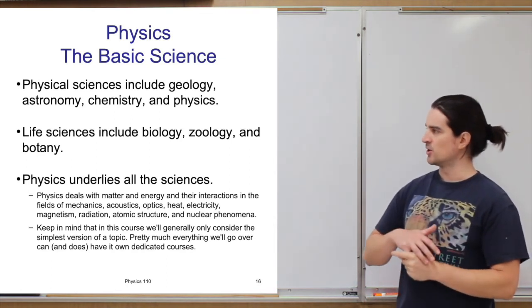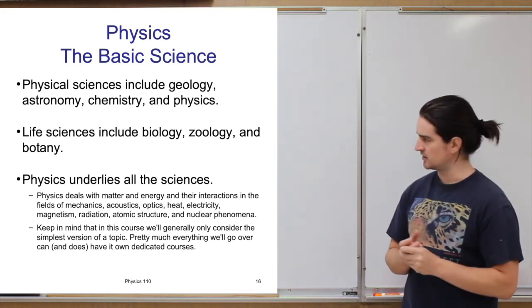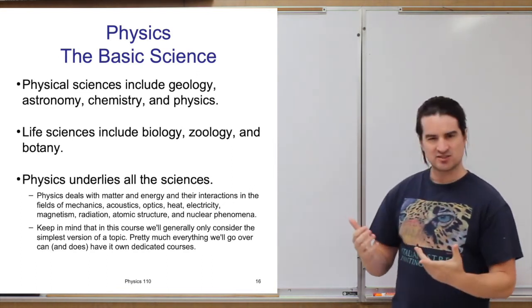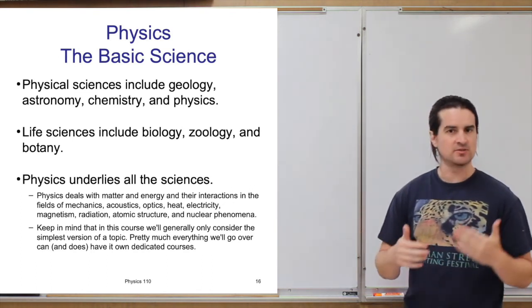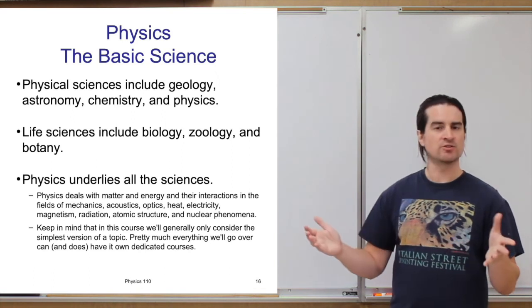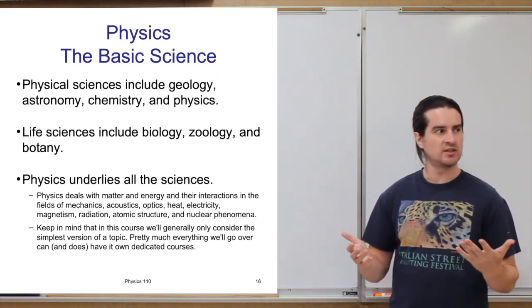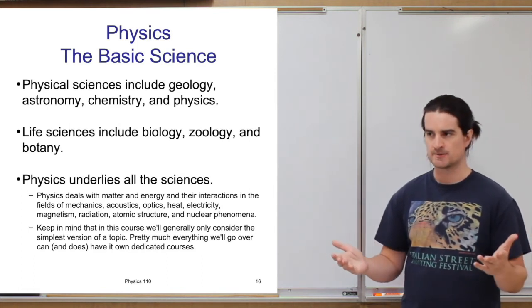And then you also have the life sciences, things like biology, zoology, botany. But physics is sometimes called the basic science, sometimes called the fundamental science, because it underlies all the other sciences. The concepts of physics are in use in all other sciences.